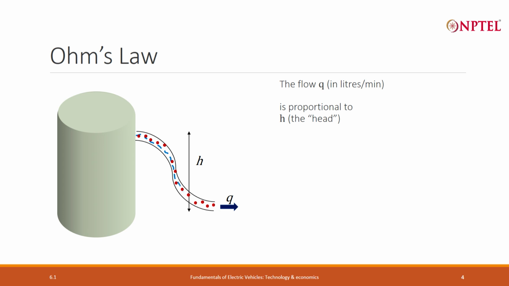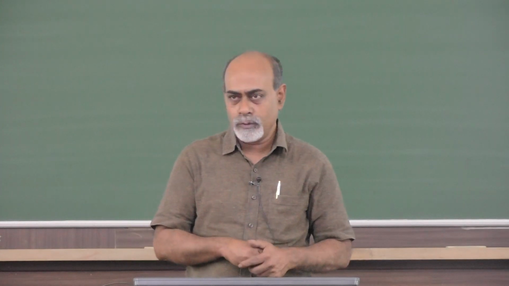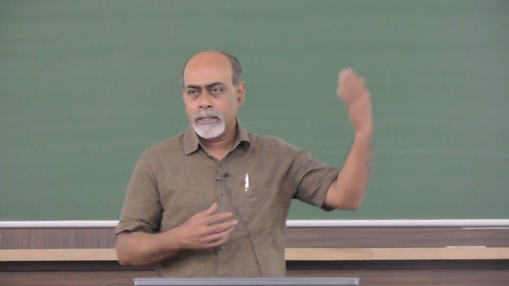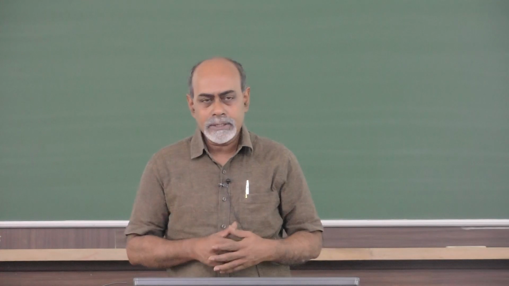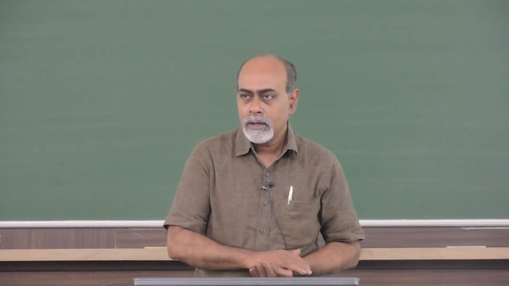But the height alone does not fully define what the flow is, because it is flowing through some pipes. I have just depicted that there are some stones and pebbles along the way, but even without all of that, just the material of the pipe, the walls, will offer some resistance to the flow, they will try to oppose the flow, and so whatever flow we get is the result of overcoming this resistance.